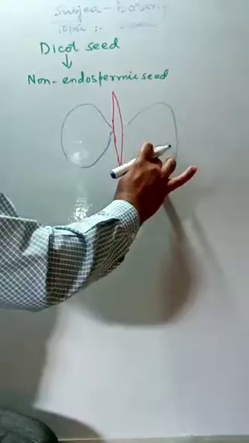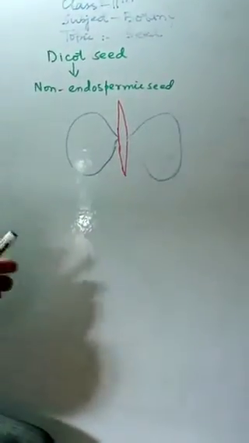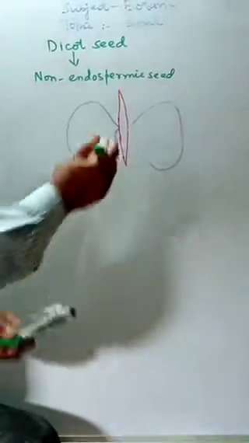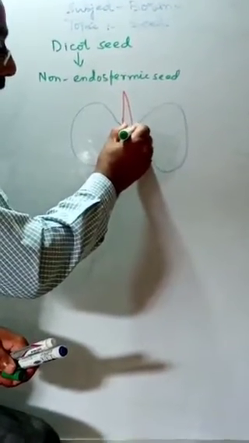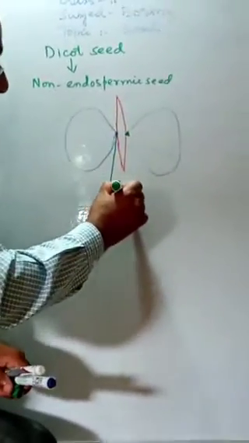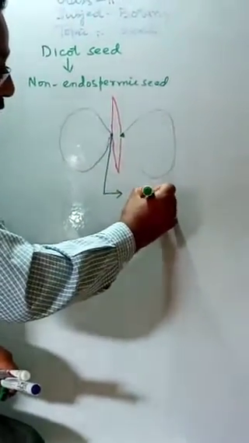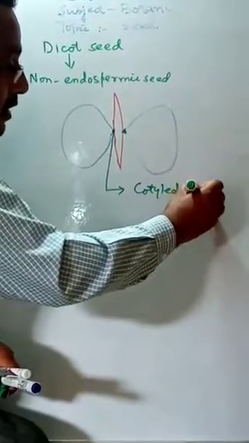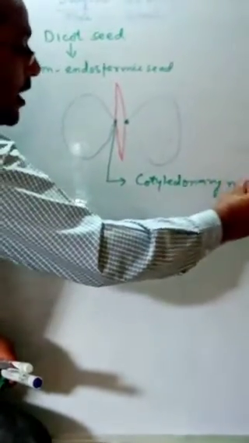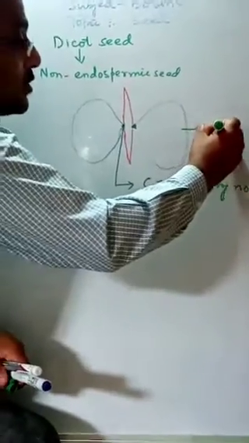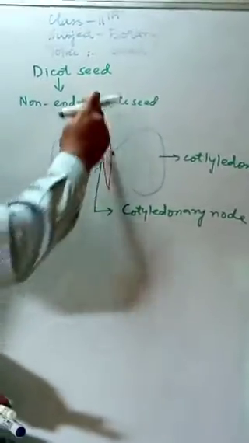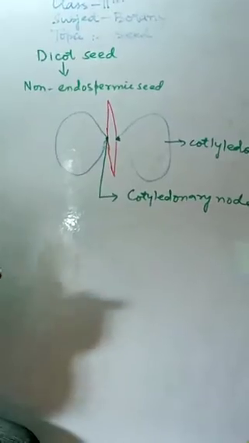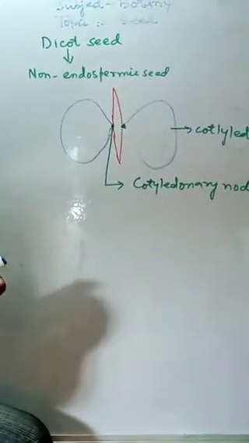Now, the point of these cotyledons with this embryonic axis, where these meet, that is called as cotyledonary node. This is called as cotyledon. And this whole structure, जो reddish जो है, we will call as this embryonic axis.